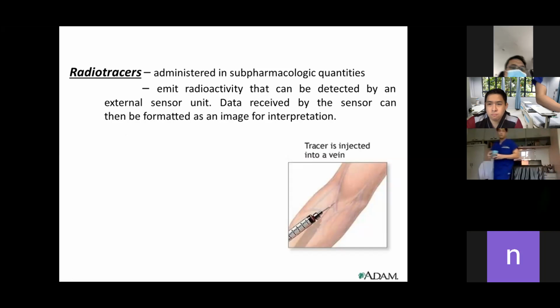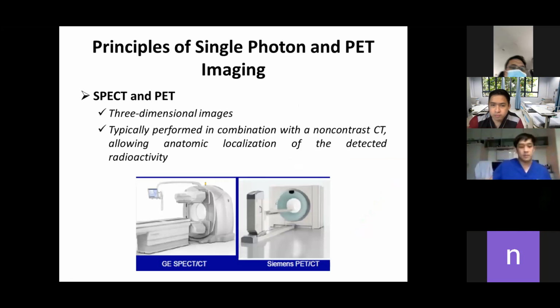It emits radioactivity that can be detected by an external sensor unit, and the data received by the sensor can then be formatted as an image for interpretation. The tracer is usually injected into a vein. Principles of single-photon and PET, or positron emission tomography imaging.